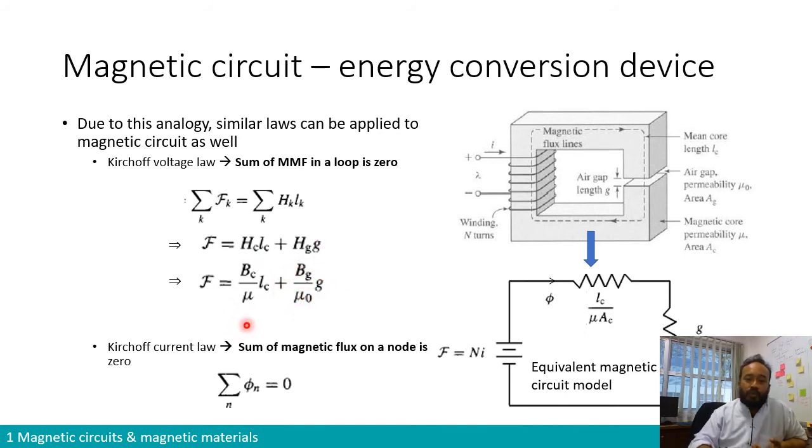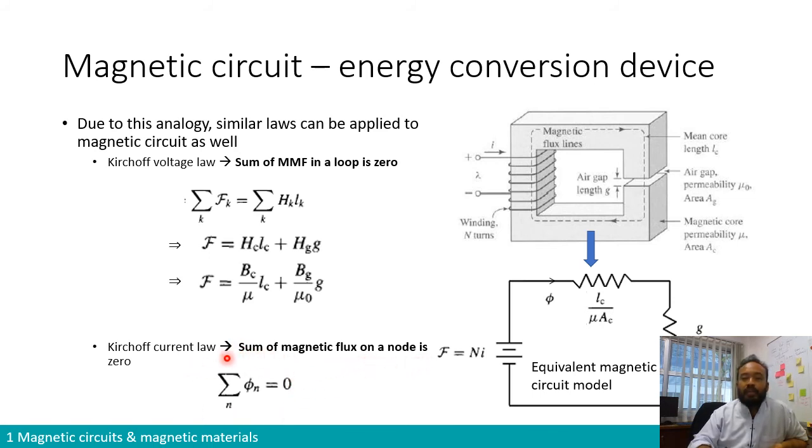The same goes for the current law. In electrical, we say that at a node, the sum of current entering the node and leaving the node is equal to 0. The same thing goes for magnetic: the sum of magnetic flux at a node is 0.